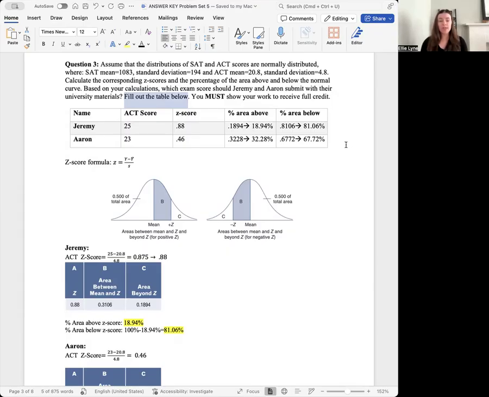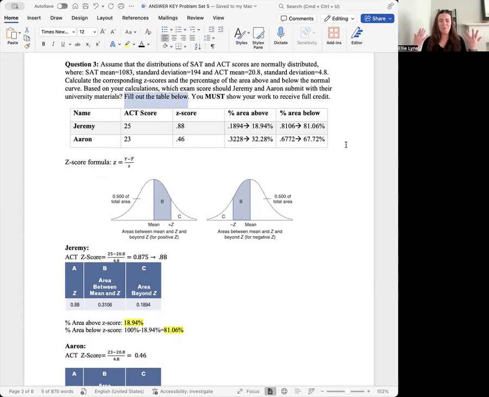All right, so the first thing that we need to do in order to answer a question like this is first calculate a z-score. I want to take a step back for a moment and explain what a z-score allows us to do here. A z-score is a measure that is really standardizing in nature. We know that the ACT and the SAT are scored along two separate continuums, right? The ACT is on a scale of 0 to 36, and the SAT can go all the way up to a score of 1600.